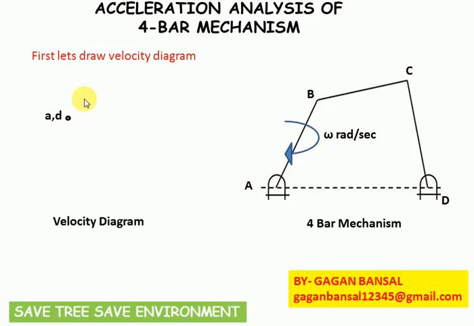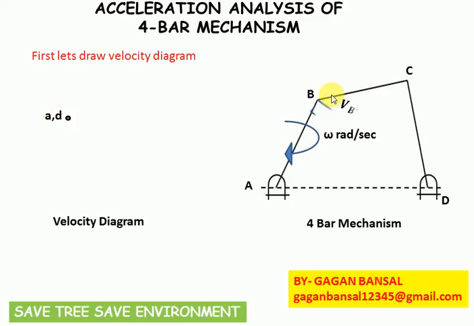So mark a point and name it small ad. As I already mentioned, all the namings or nomenclatures in case of velocity are done in small case. So A and D are the fixed points, so we have marked them at a single point, that is ad.